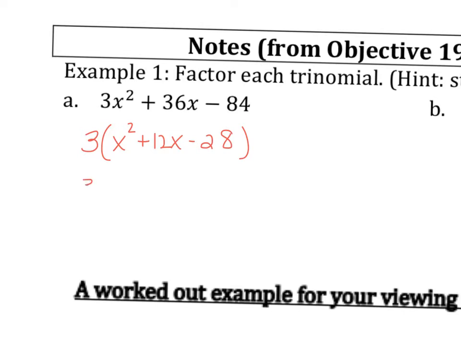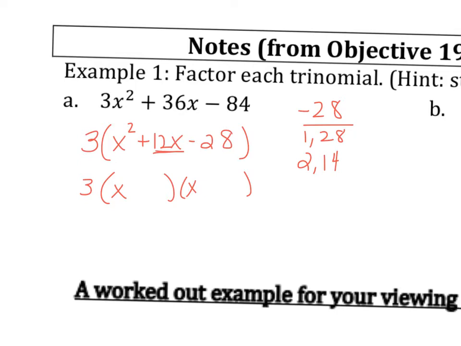So I'm going to keep my GCF, and I'm going to bring down 2 sets of parentheses. And I have my x and my x, and I'm looking for 2 numbers whose difference is 28, since it's a negative 28. So I have 1 and 28, difference of 27. That doesn't work. 2 and 14, difference of 12, which is what I meant to say a second ago. We're looking for a difference of 12 there, since that's our middle number.